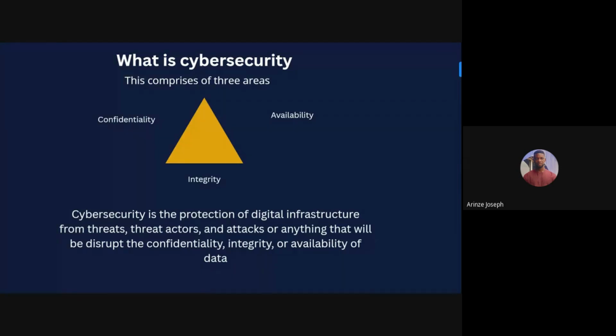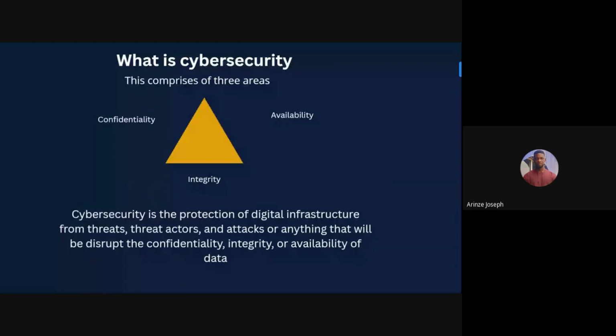So these three things form what we call the CIA triad: confidentiality for C, I for integrity, and A for availability. I use a triangle to represent it. So if you are defining cybersecurity, it must explain these three things: confidentiality, integrity, and availability.